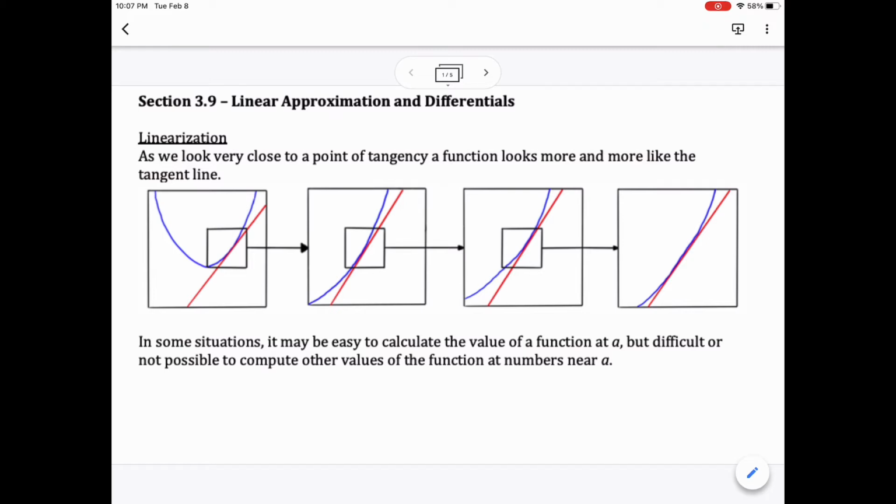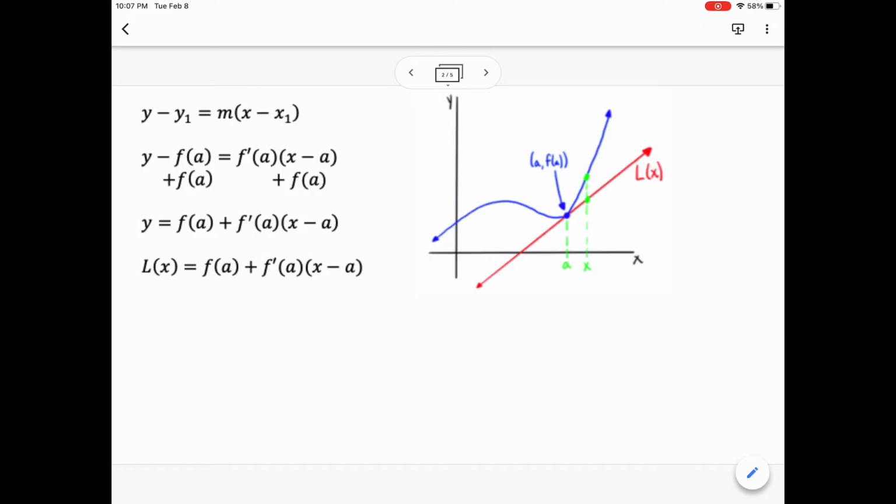Using this picture here, we can write an equation for the tangent line using approximations. Using the slope intercept form for a linear equation, since I know a point, a comma f of a, I'm able to plug that in.